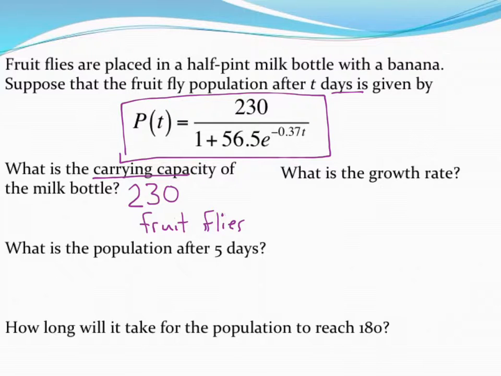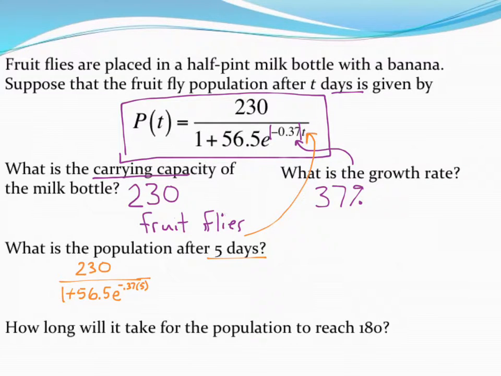My next question is, what's the growth rate of the population? Well, this will be my k value, or more specifically, the absolute value of that. So in this case, if I change it to a percent, 37% will be my growth rate. To figure out my population after 5 days, I'm going to need to go ahead and plug 5 in for my time. Now notice, back in the original description of the problem, it did say that t was measured in days.